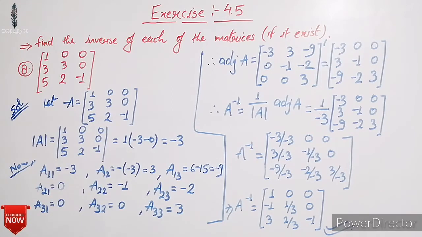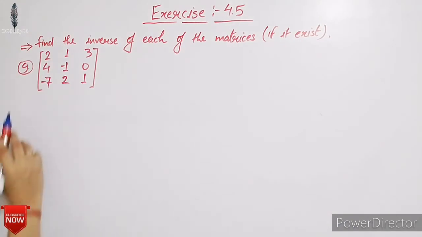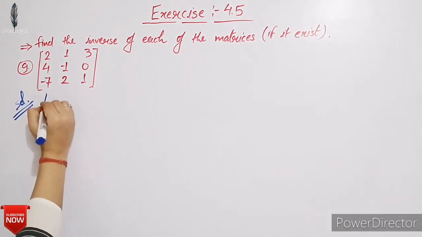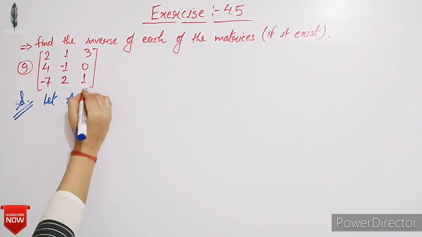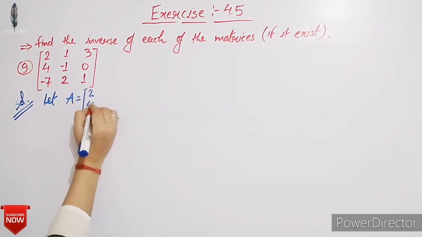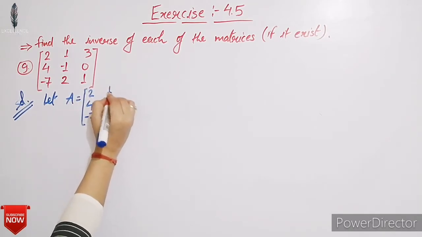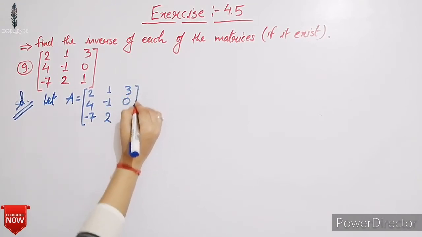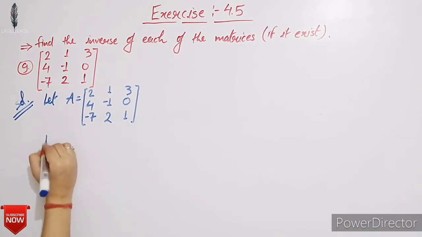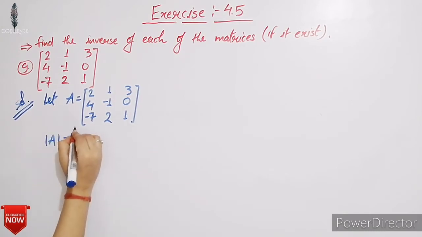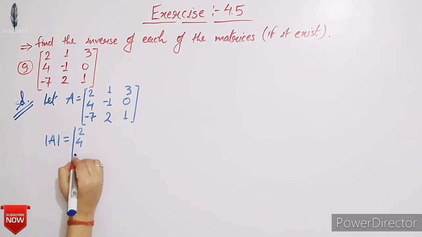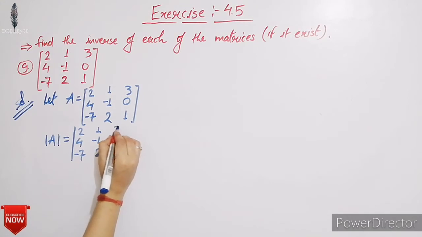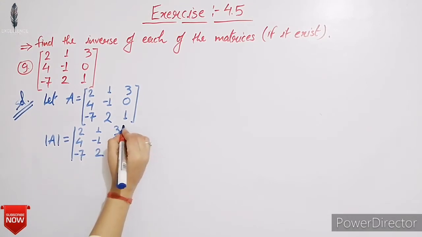Okay, clear? Let's see the next question, number 9. Here we have a matrix of order 3. Let A equal the given matrix, that is [2, 4, −7; 1, −1, 2; 3, 0, 1]. And determinant of A is the determinant of [2, 4, −7; 1, −1, 2; 3, 0, 1].